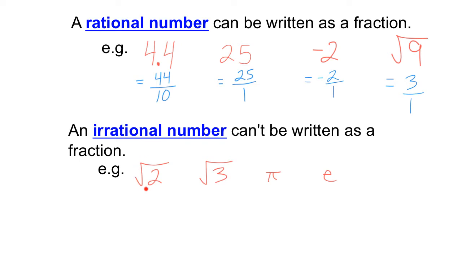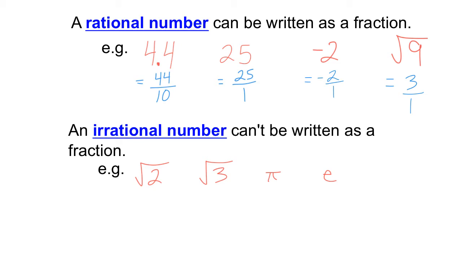For example, the square root of 2, the square root of 3, pi, and another number called e, which is kind of like pi, except it's just a different number. Any of these numbers are decimals that keep going on and on forever without repeating. So you cannot write them as a fraction.